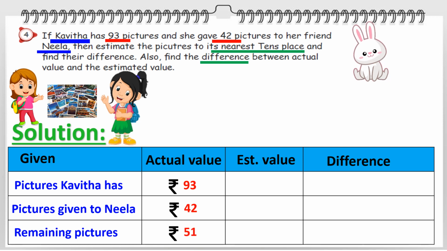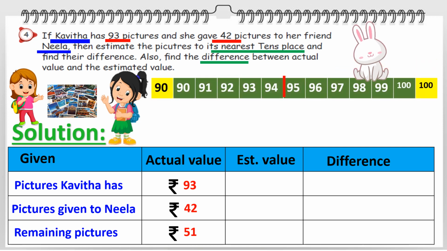Am I right? Yes, just check it once. Then here we need to find the estimated value for all those actual values. So let us check for 93. Yes, it ends with 3. So sure you must go to left side, that is round down. Answer will be 90. Am I right? Okay. Enter the answer here.